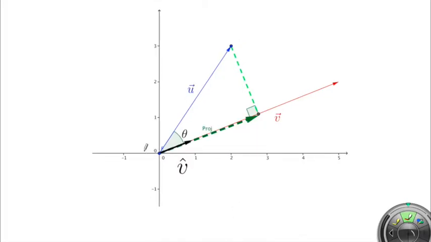Okay, so let me switch pages. Here's my main picture. So here's my projection that I'm looking for. This projection, let me shrink this thing down, it's kind of in the way.